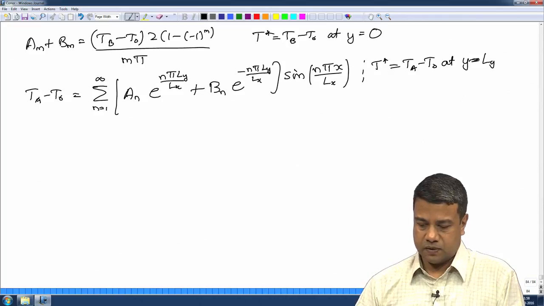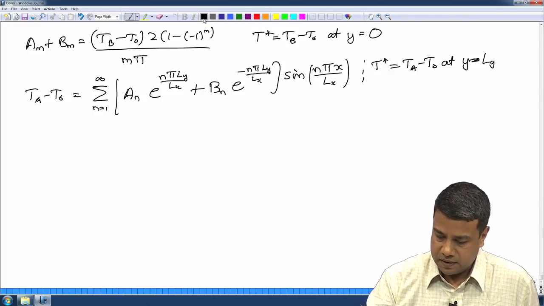So, this is the second boundary condition. So, once again I have to use the orthogonality relations.